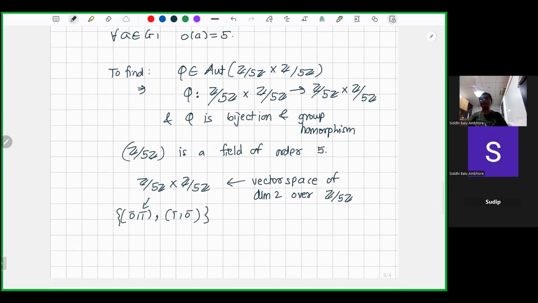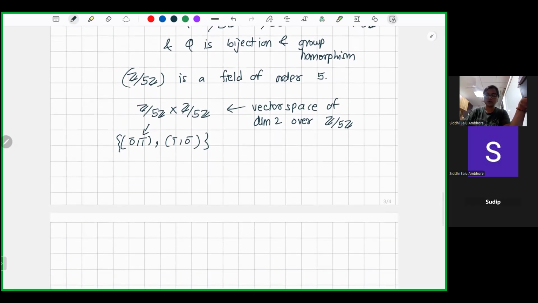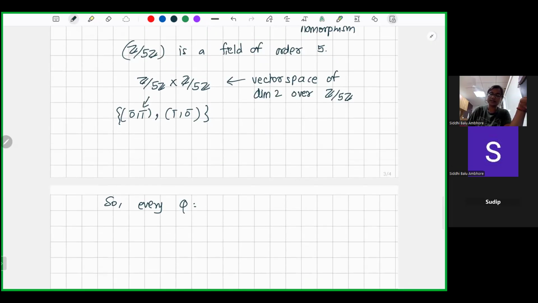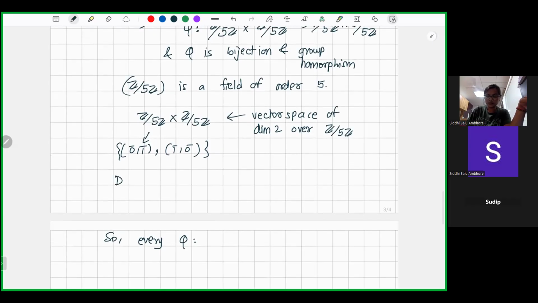So these bijective maps can be represented as invertible matrices in Z5. Let me denote G equal to Z5Z cross Z5Z.